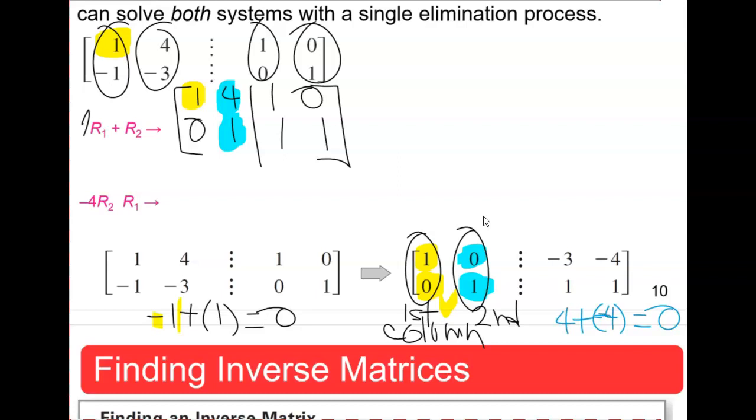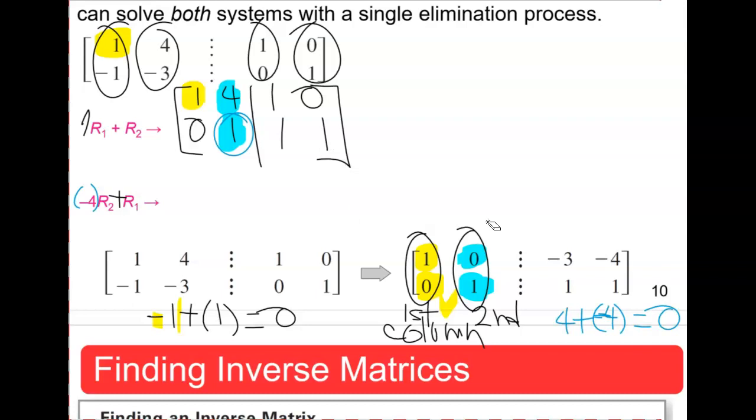And so we use the leading row, and that's why you see here -4 times R2. Now R2 is the leading row, and then we add that to row 1, and that's going to give us a new row 1. Okay.